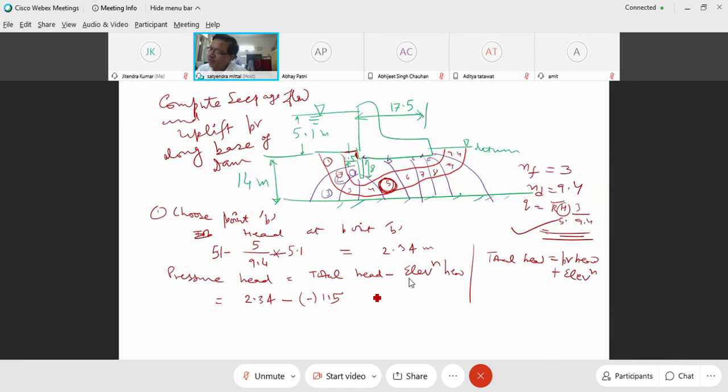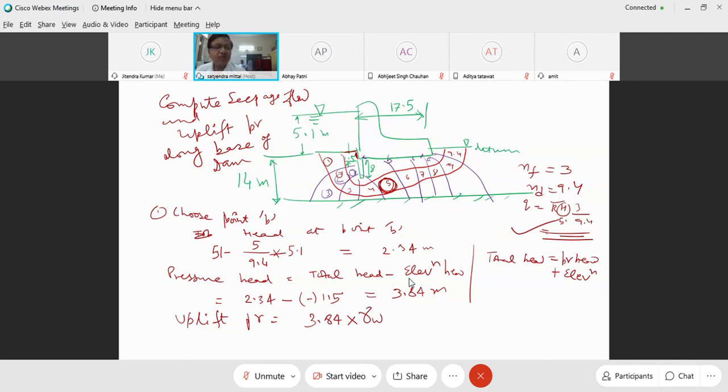So this comes out as 3.84 meter. Therefore, the uplift pressure shall be 3.84 into gamma W.